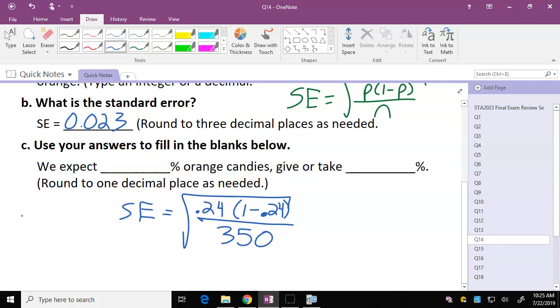Sounds good. And so down below it says use your answers to fill in the blanks. So we expect blank percentage, 24%, give or take what percent? 0.23?